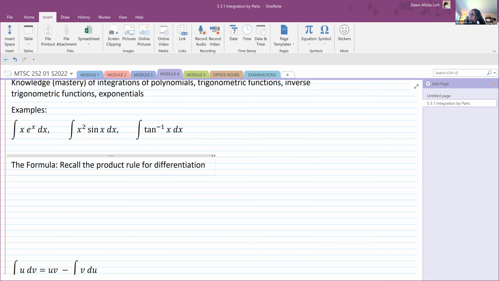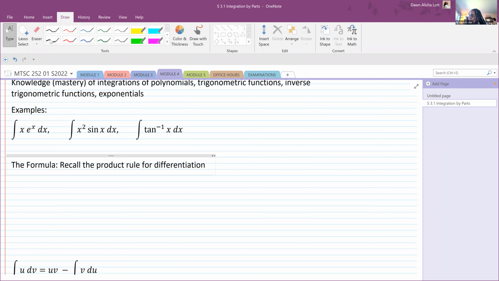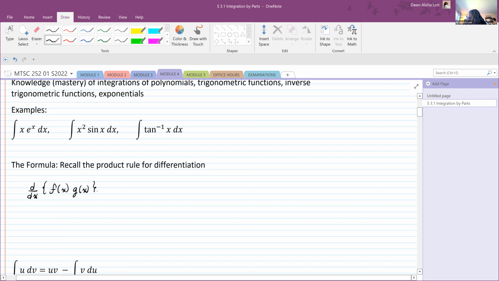Okay, so the product rule for differentiation says, if I want to take the derivative with respect to x of f of x times g of x, I'm going to get the derivative of the first times the second, plus, I'm sorry, plus the first times the derivative of the second. Okay, so that's the product rule for differentiation.